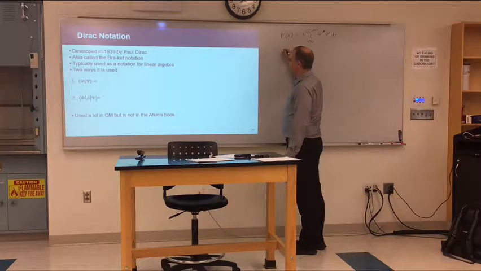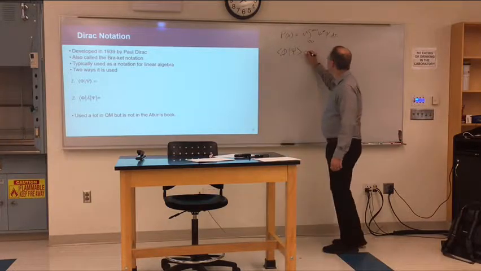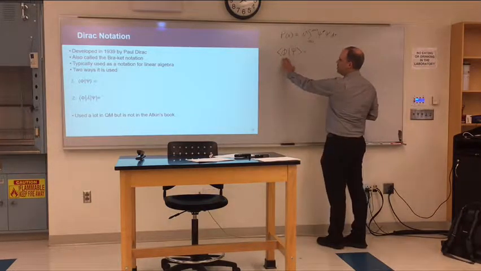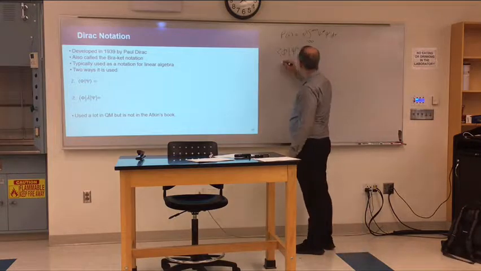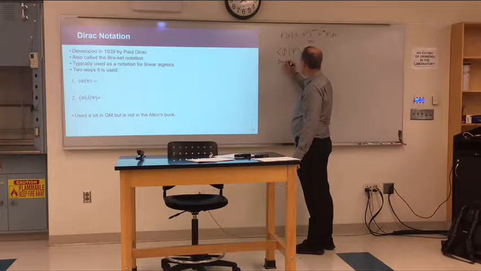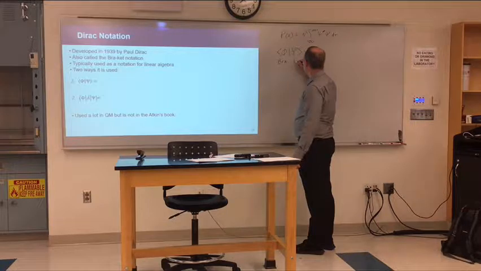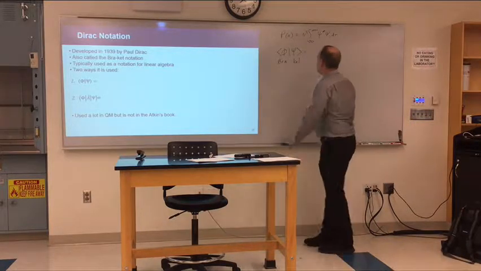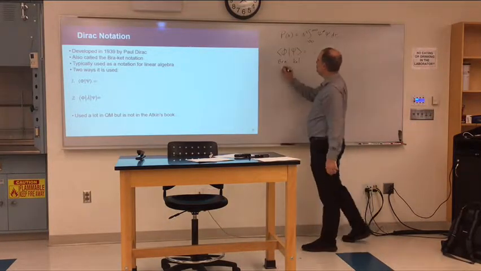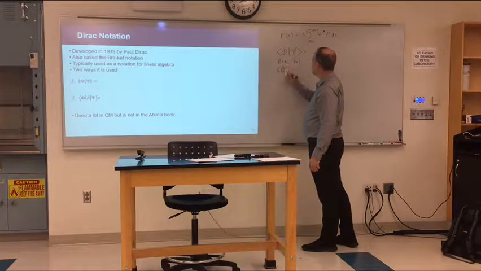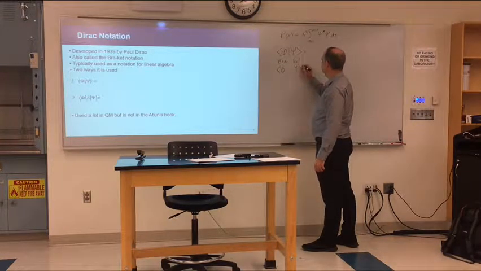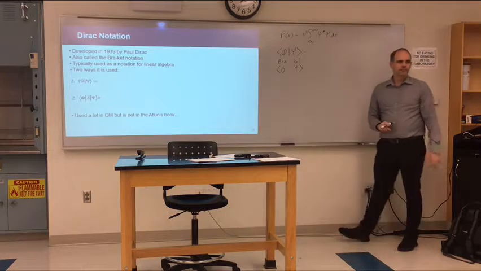The way that it works, there's two ways that you can use it. Let's say we have two functions. The first part is called the Bra, and the second part is called the Ket. So you've got your dividing line, that is the Bra, that is the Ket.